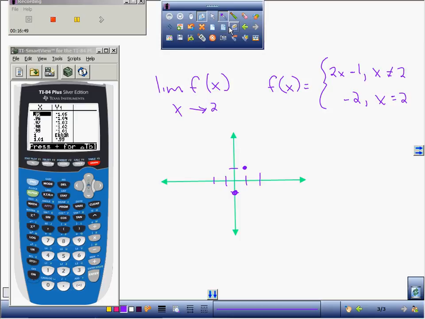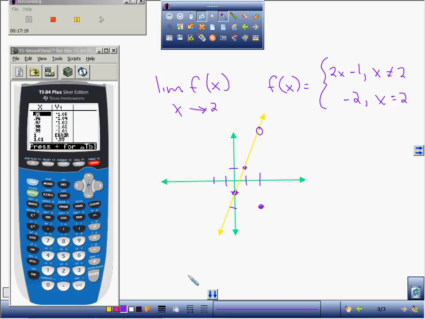And then if I were to draw it in using my, where's my line tool? There it is. Okay, I'll draw it in a different color. So my graph would look something like this, except right at x equals 2, I have a hole in the graph on the line, and at x equals 2, what's the value of that function? Negative 2. So at that point, I had something like this.